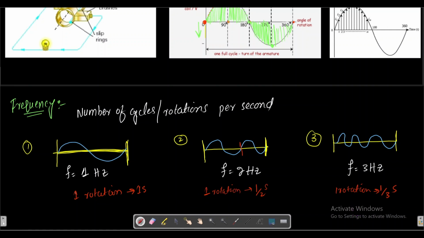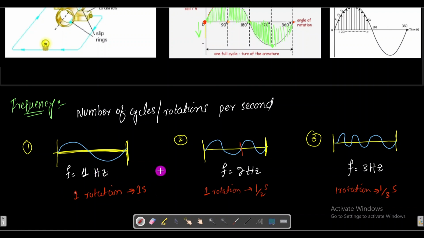So from here we conclude that if we increase the frequency to 2 hertz, 3 hertz, the time will decrease. Here the time is decreasing to 1/3 as the frequency is more, and for 2 hertz it is 1/2 second. For a frequency of 1 hertz, the time is more.